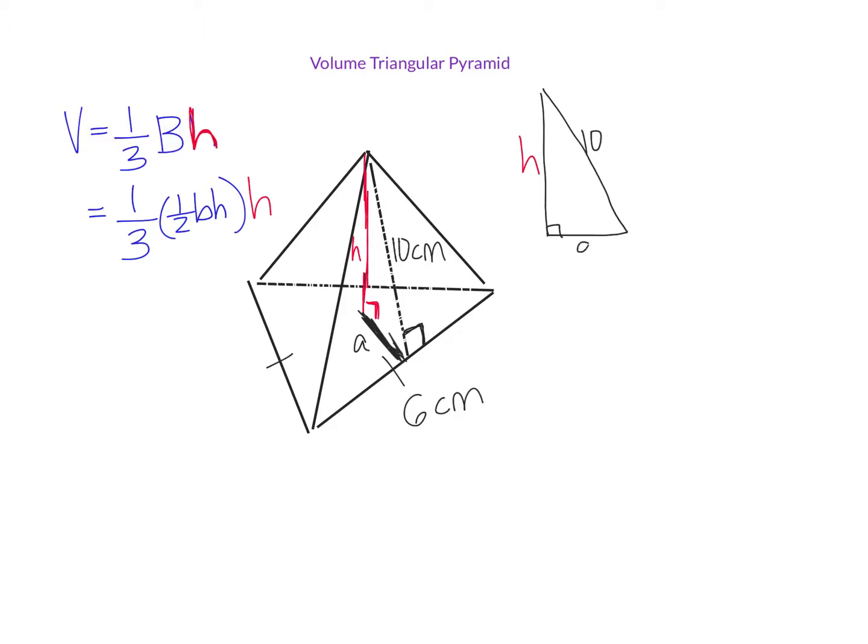So I'm just going to represent that with the variable a. So we need to figure out what the apothem is of the equilateral triangle.